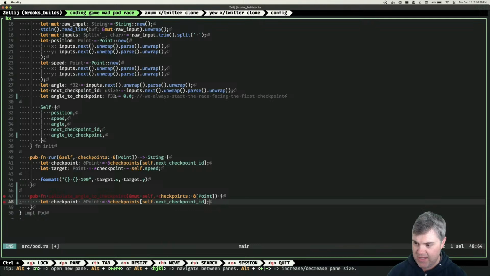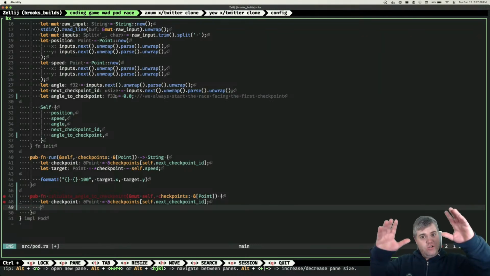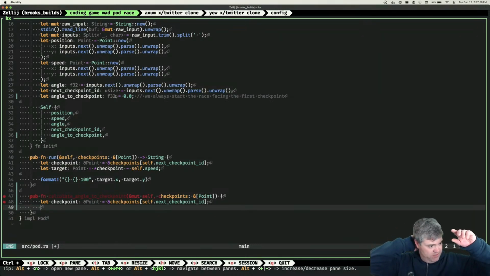Okay, so we get that, and then we want our current self. So we have our current position. So then I need that third position. I don't know what this is called.